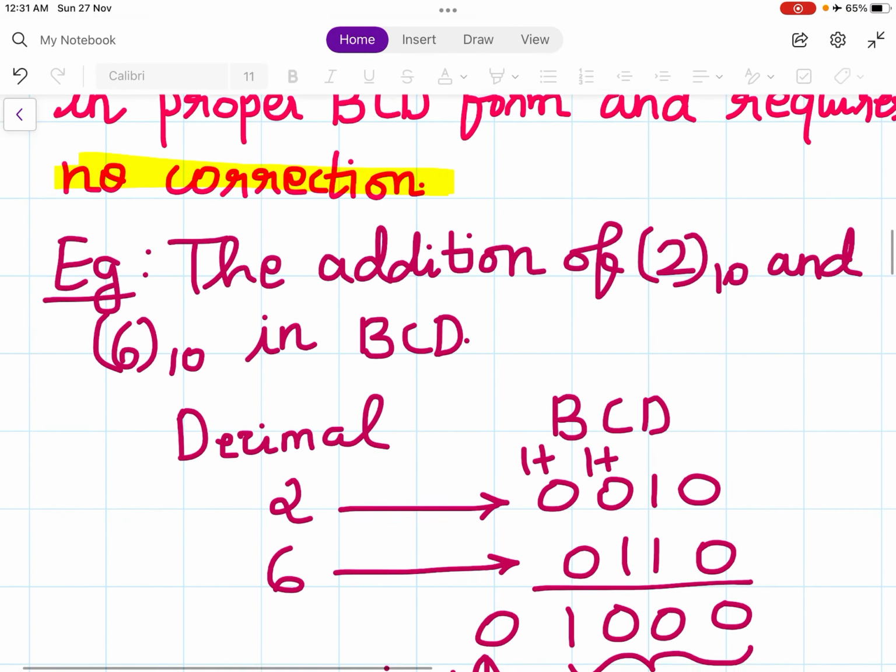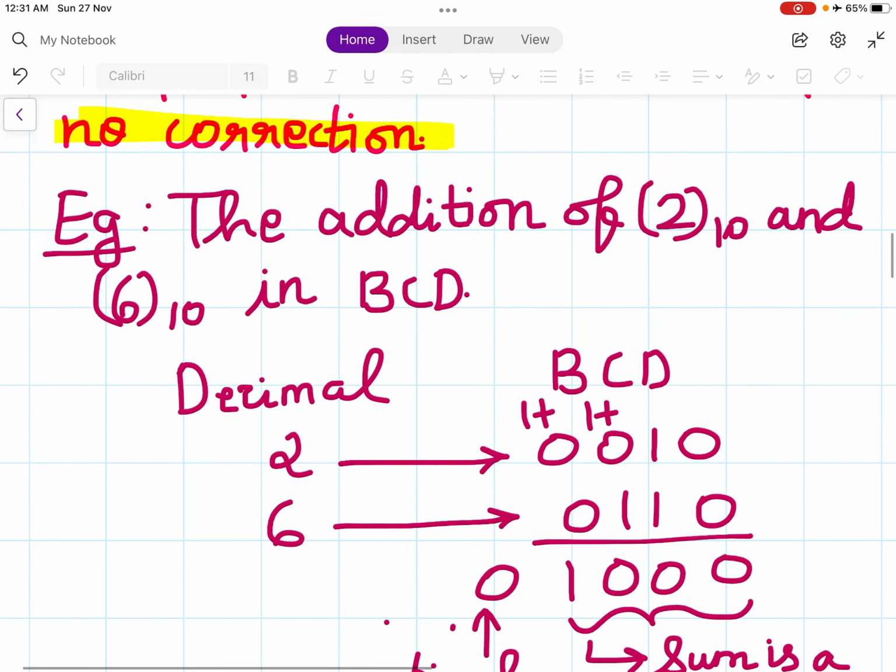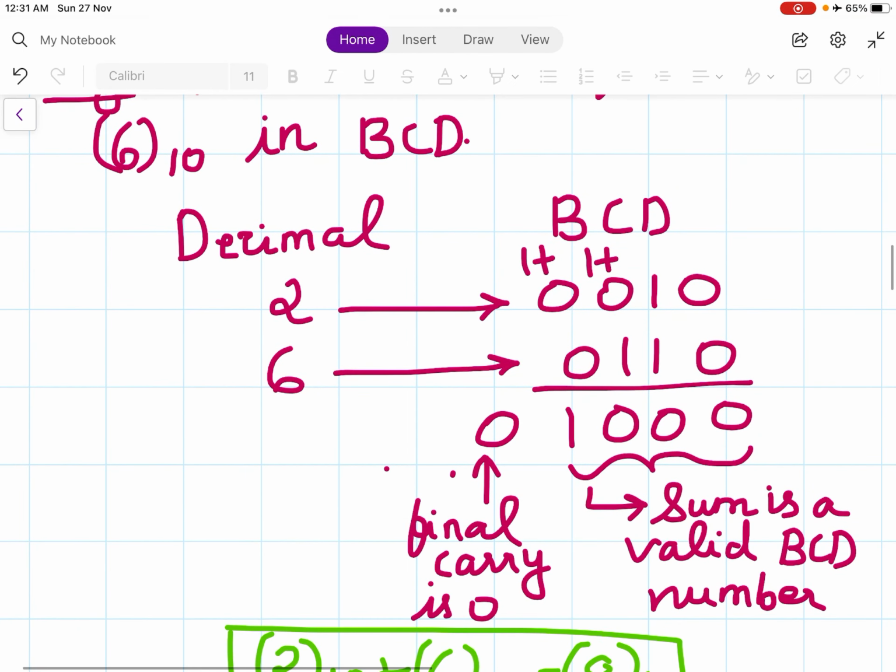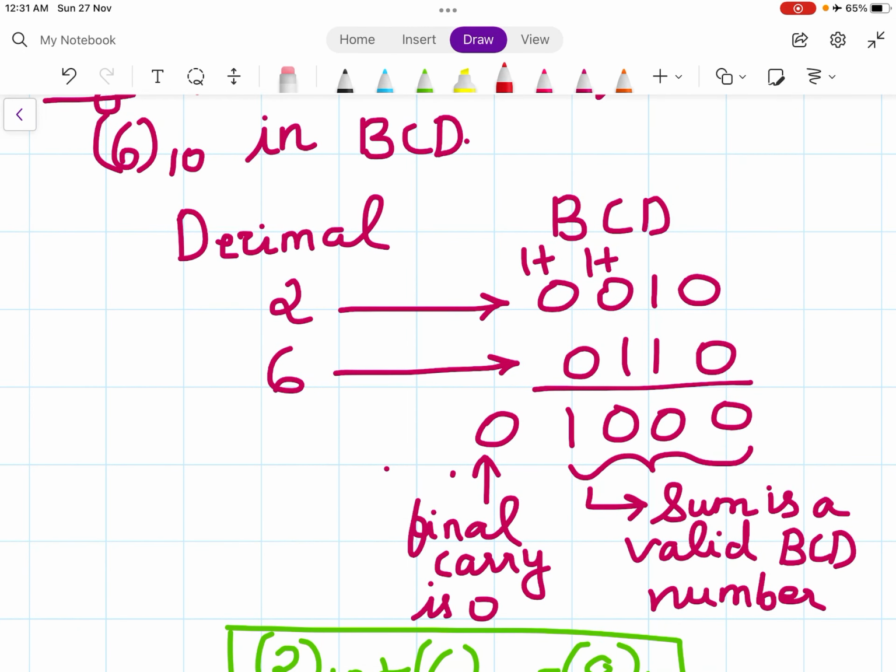So for example, addition of 2 to the base 10 and 6 to the base 10 in BCD. Decimal number 2 will be, see, 8, 4, 2, 1. You want 2, so put 1 over here, 0, 0, 0. So this is the BCD equivalent. And for 6, it will be 2 plus 4 is 6.